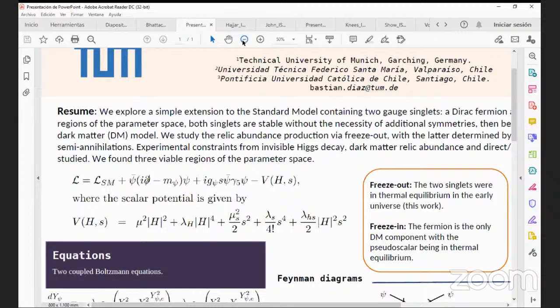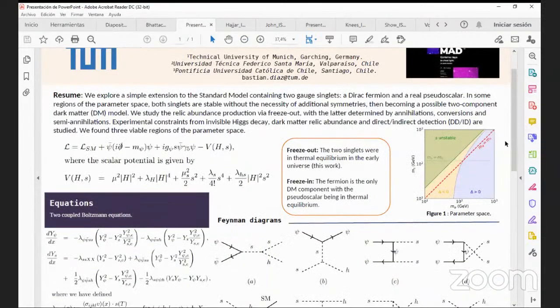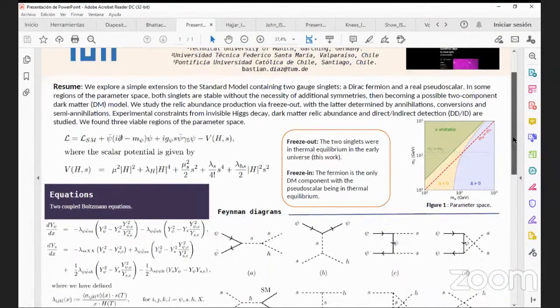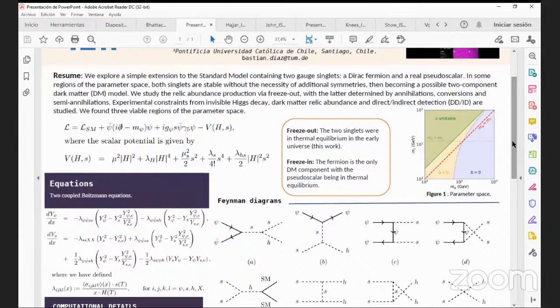So we have 4 new parameters: the 2 masses of the singlets, g_psi, and the Higgs portal coupling, lambda_HS. We started this work from the freeze-out point of view, in which we assumed that in the very beginning the 2 particles were in thermal equilibrium, and then at some temperature they decouple and originate what is called the relic abundance.